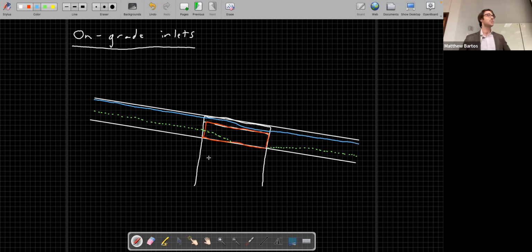So inlets, both on-grade and sump, are meant to operate as weirs and not as orifices. So if you get an inlet that is submerged where the water surface is above the mouth of the inlet, then it's essentially operating out of specification. So you don't want this to happen. Okay, so those are on-grade inlets. Are there any questions about on-grade inlets? Note this is a curb opening inlet here.